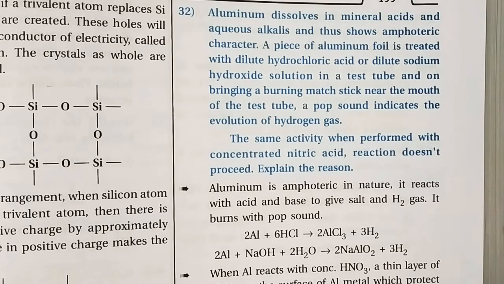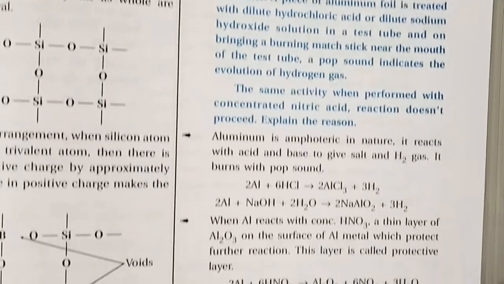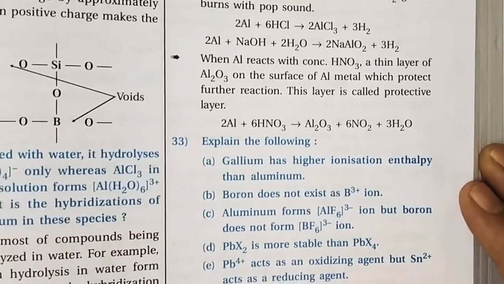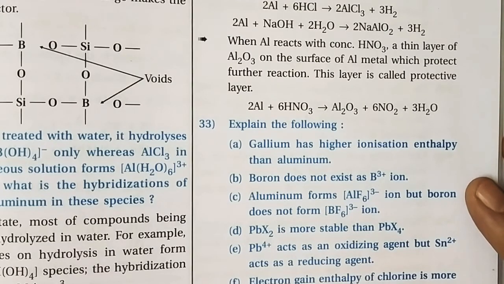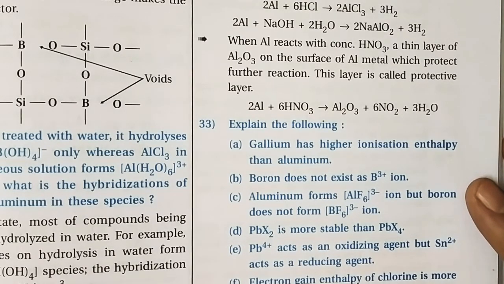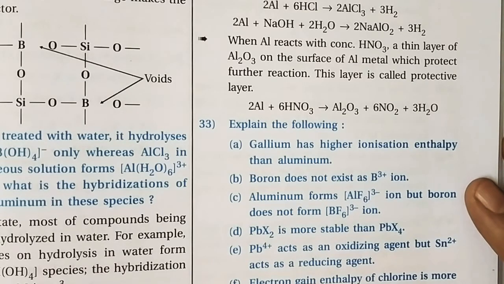Why? The simple reason: aluminium is amphoteric in nature, so it reacts with acid and base to give a salt and hydrogen gas, and this hydrogen gas burns with a pop sound. But when aluminium reacts with concentrated HNO3, a thin layer of Al2O3 forms on the surface of the aluminium metal, which protects it from the reaction. This is called a protective layer. So aluminium does not react with concentrated nitric acid.